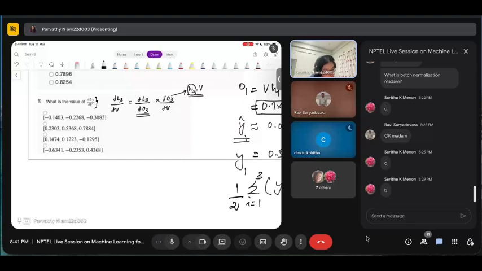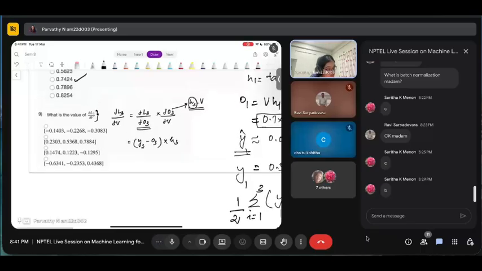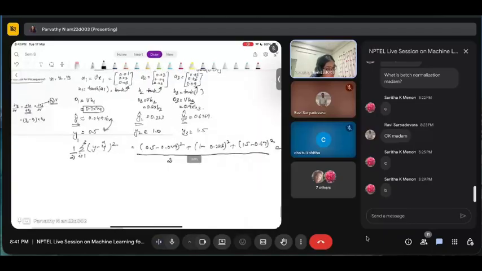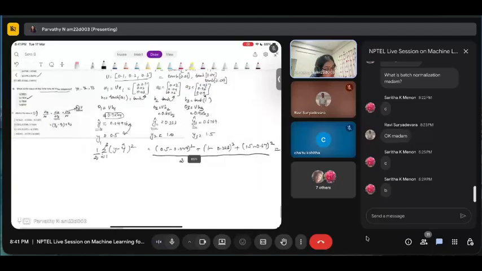Now this is the 1 by 2 y minus y hat the whole square. So that 2 and 2 will get cancelled and you get y3 minus O3 into H3. So then we already have y3 and O3 from these calculations.